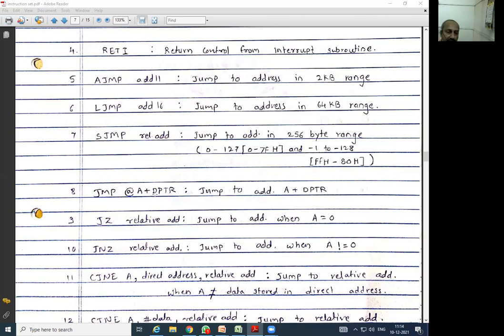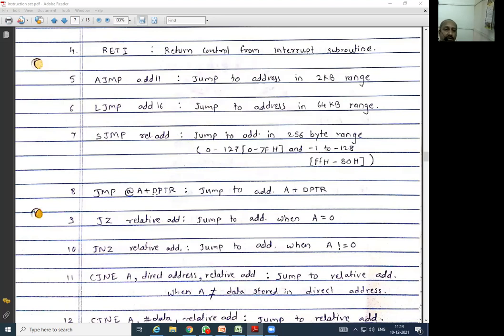That time it has to be transferred first to the accumulator and then sent to the destination. For that, what is DPTR? It is a data pointer.